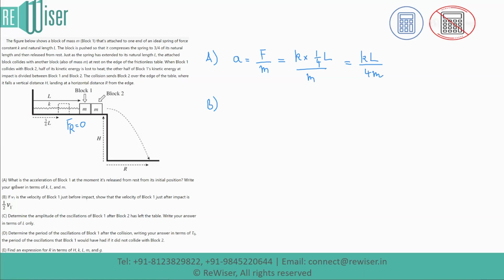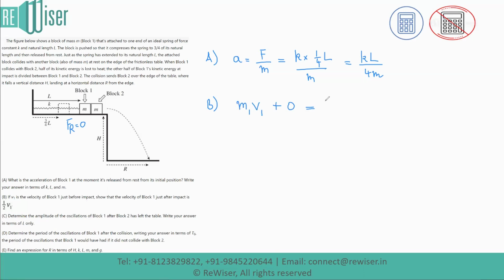Substituting, we write M1 V1, since the velocity V1 is its value before impact, plus 0. The reason I'm writing 0 is because block M2 is at rest.